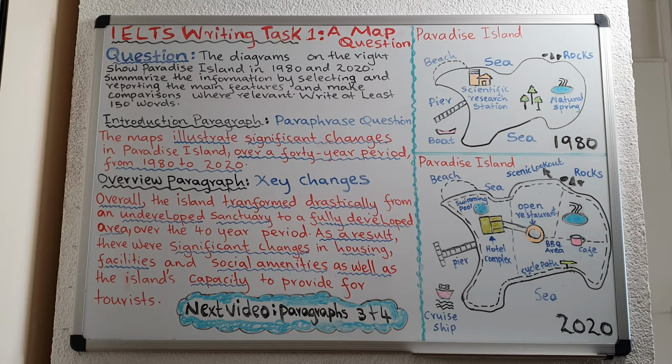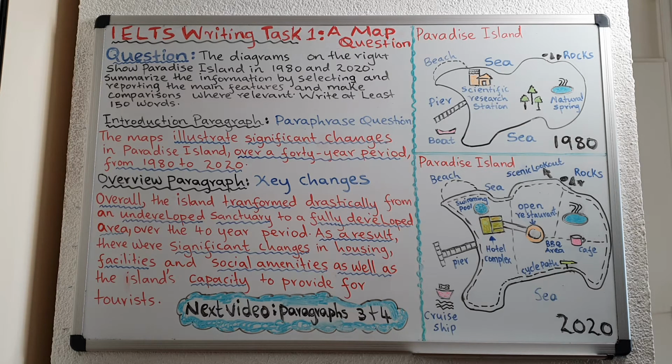After that, you're supposed to write the third paragraph, that is body paragraph 1, and in that paragraph, you're supposed to describe the first map in detail. After that, you're supposed to write the fourth paragraph, which is body paragraph 2, to describe the second map in detail.